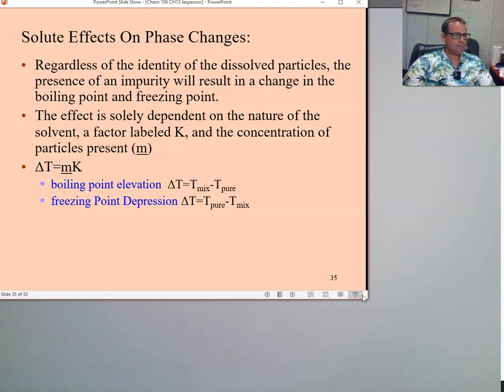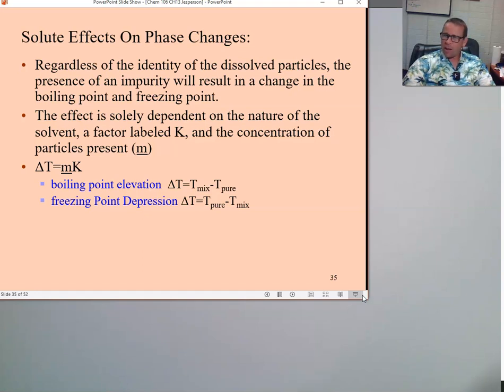It changes it, right? Meaning it's no longer going to freeze at 0 degrees Celsius. But sometimes people will say, oh yeah, it shifts it, so it won't freeze at 0, it'll now freeze at 10 degrees Celsius.